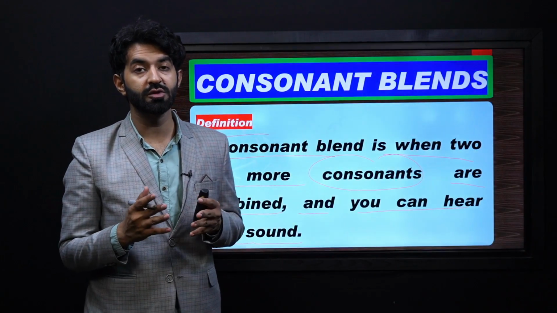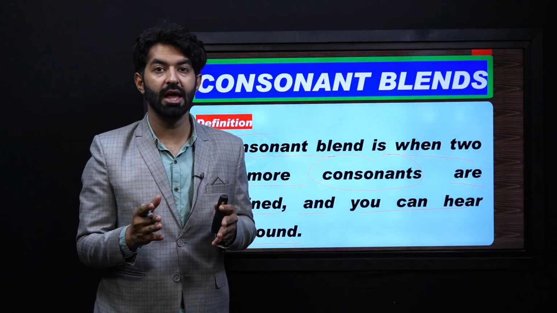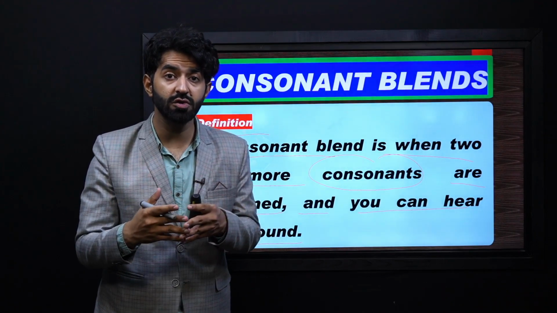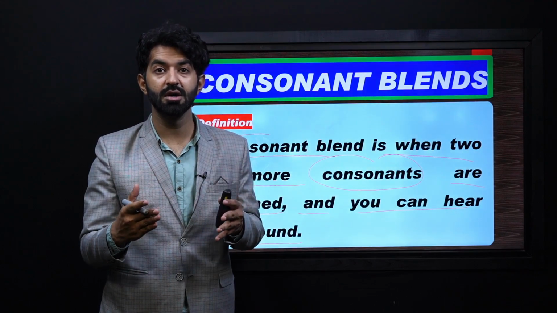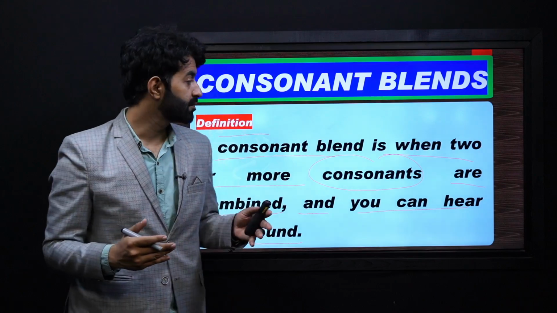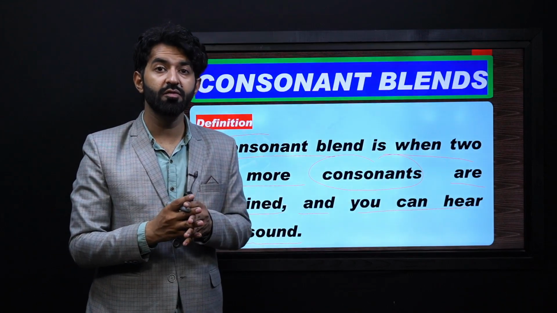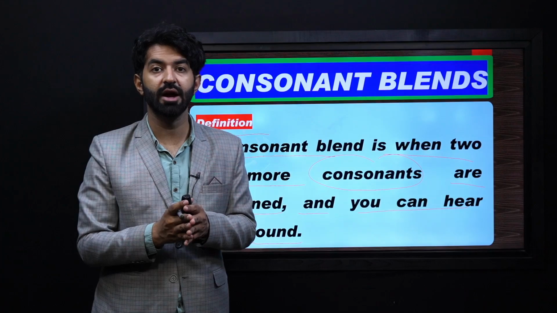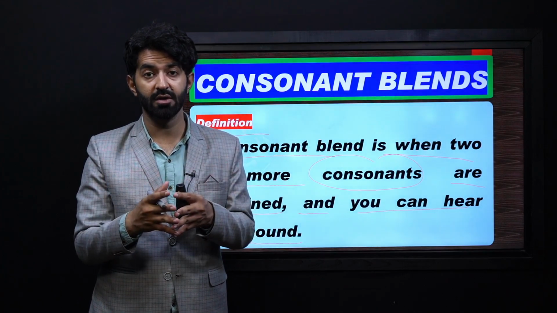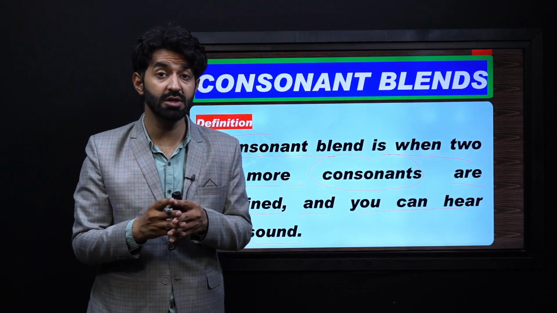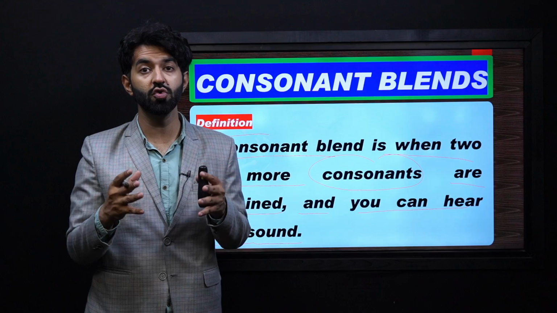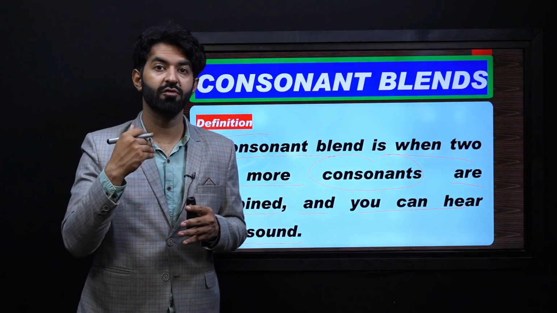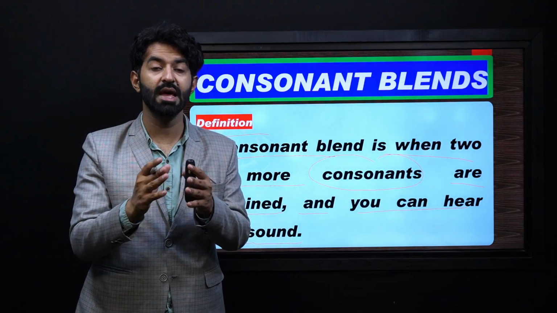We know that the consonants are every other letter than A, E, I, O and U, and consonant sounds like P, K and D, all these sounds are consonants. When we read words like black or blend, we see that two consonants are together at once. This is what we call a consonant blend, because two or more consonants are blending, they are together, and we have to say them with their sound, separating each sound.